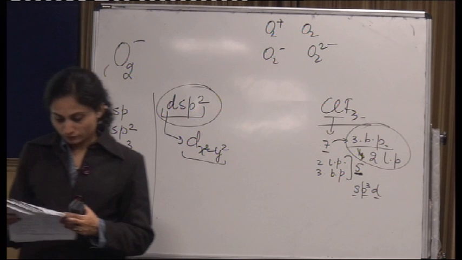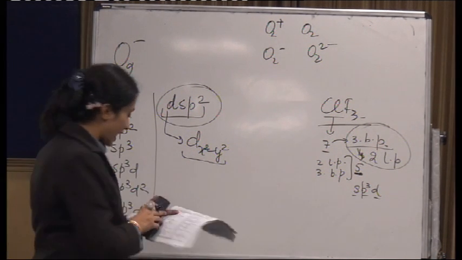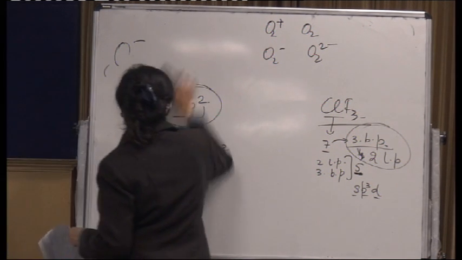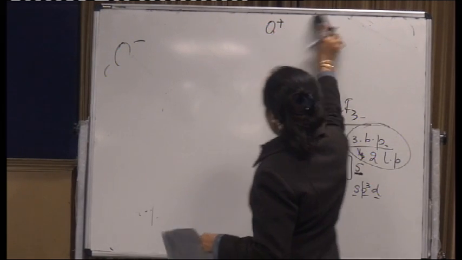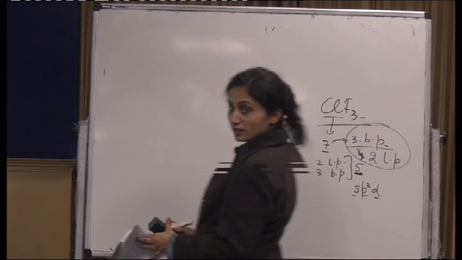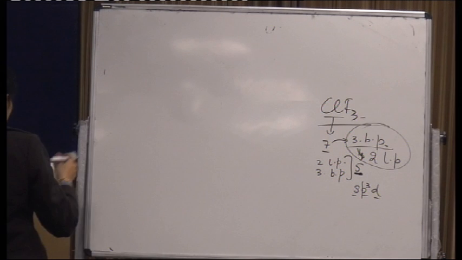Okay. Now the bond angles, because now all your applications, if you've understood the basics, all your applications will now come set in. So practice as many questions as you can.